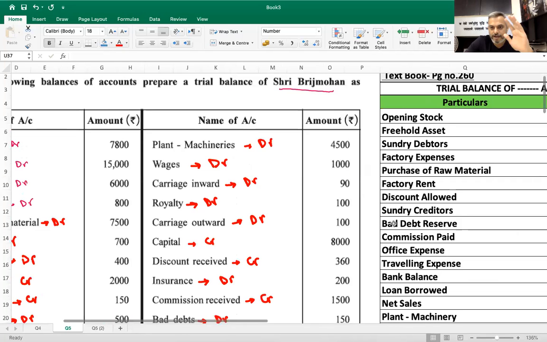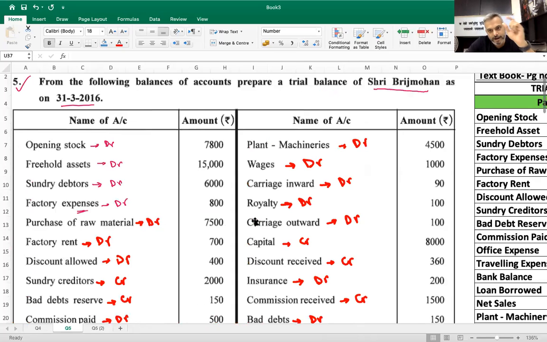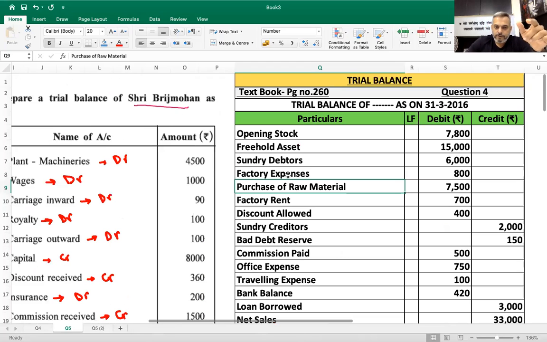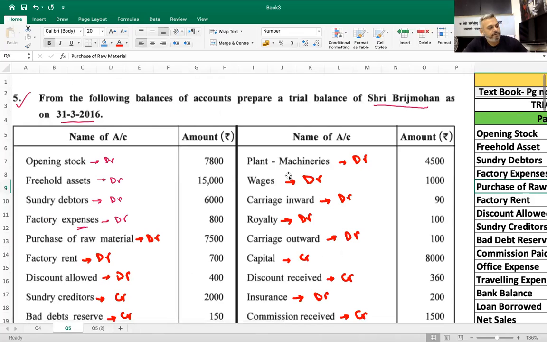Okay, now you have understood the step. Now over here it is given like this. When you do it from ledger posting, you have to go to every account and pick up the balance and post it in the trial balance.